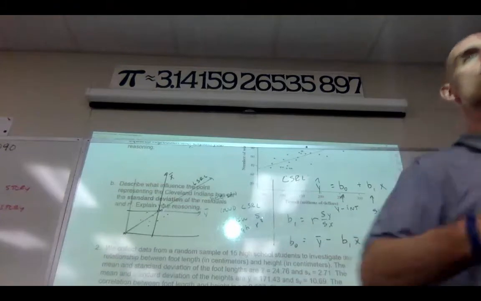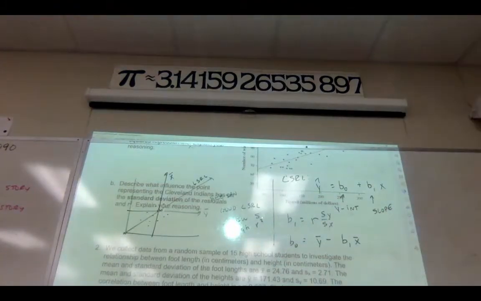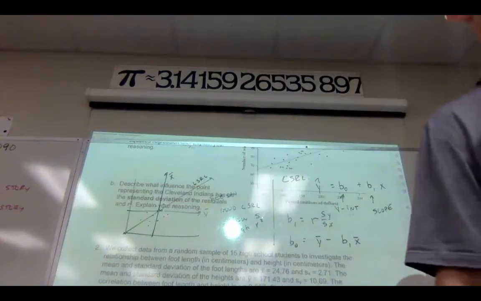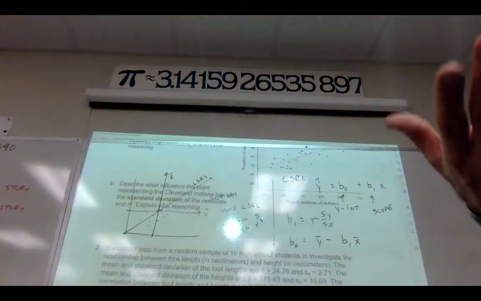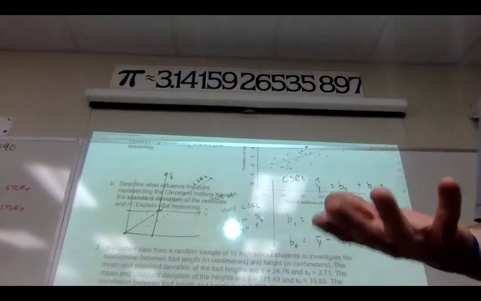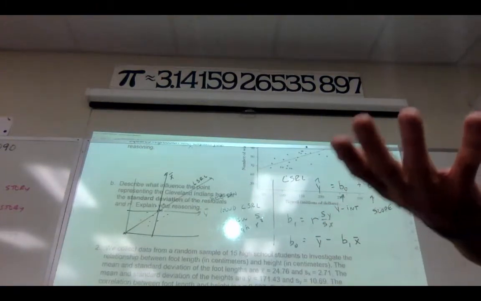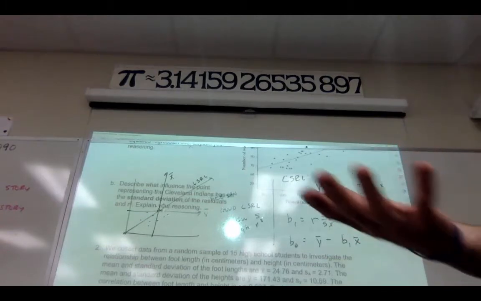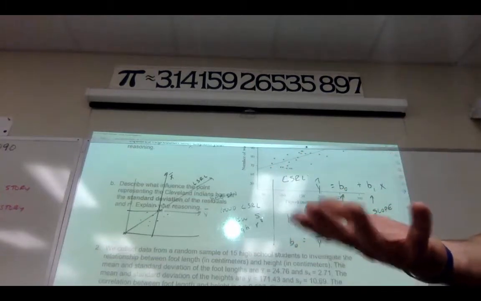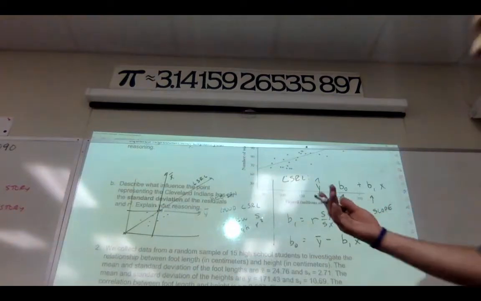So there's a moderately strong positive linear association between foot length and height, which in general means it's kind of true that people with bigger feet are taller. Is it really, really true? It's moderately true, right? Because it's about 0.7, so it's not bad.